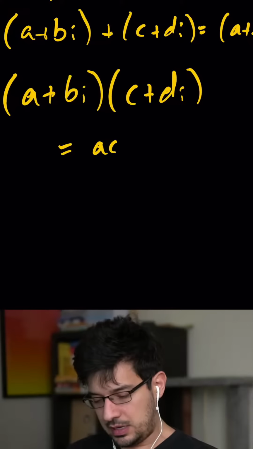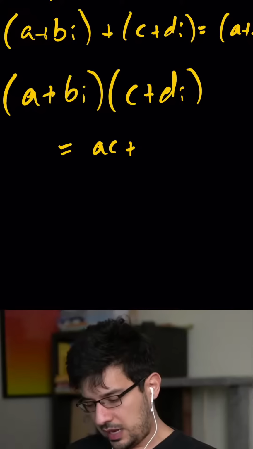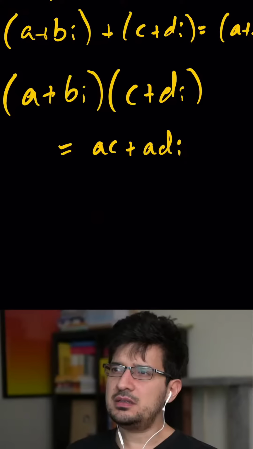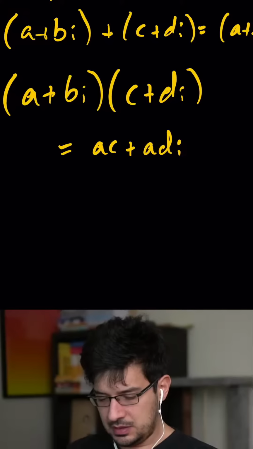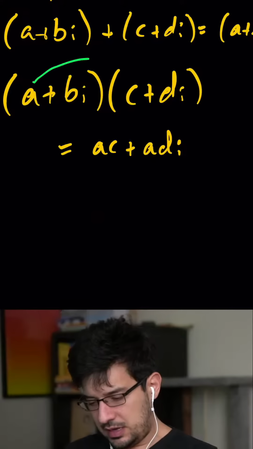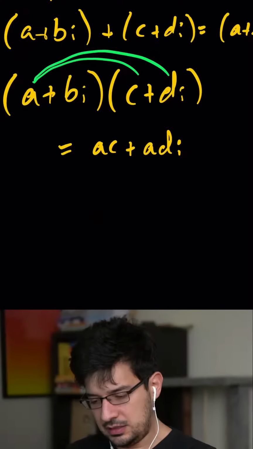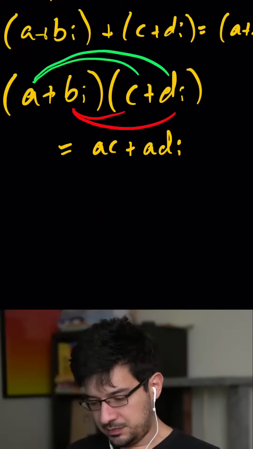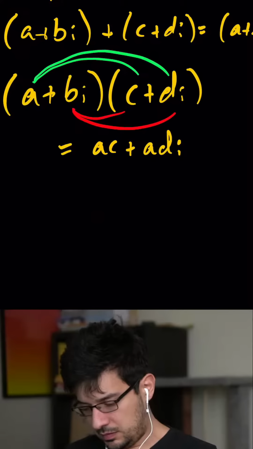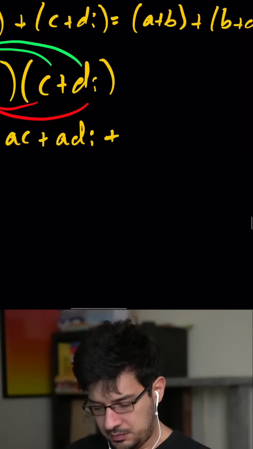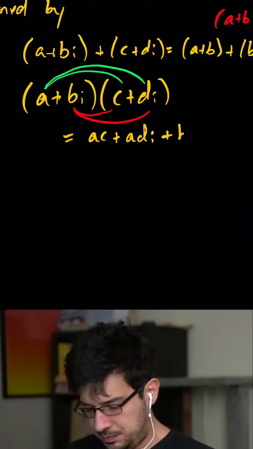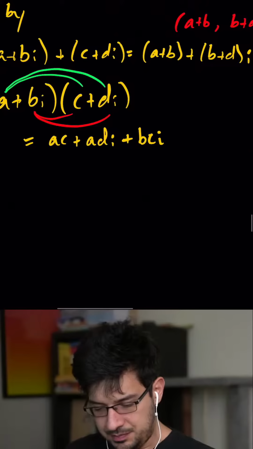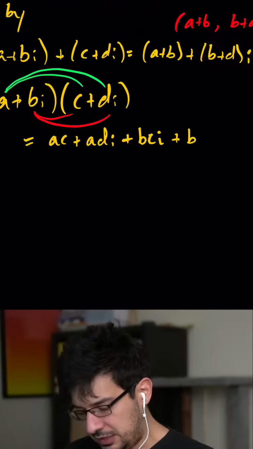Let's write it all out. ac plus adi, ac, adi, bi times c is bci, and bdi squared. So ac + adi + bci + bdi².